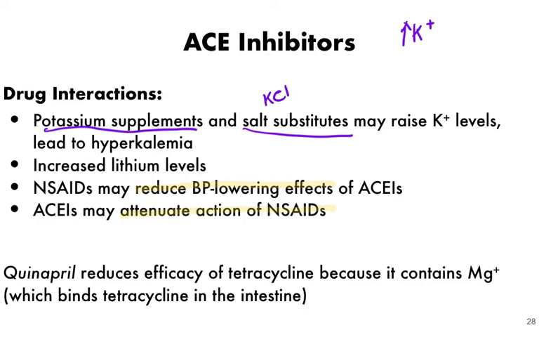I'm more concerned about the attenuation of blood pressure lowering effects of ACE inhibitors with NSAIDs, but the combination of these two actually can be very damaging to the kidneys because of their action and how they work on fluid through the kidneys. So I would recommend low doses if NSAIDs must be used when an ACE inhibitor is on board, and really, if possible, avoid NSAIDs altogether while a patient is taking an ACE inhibitor.